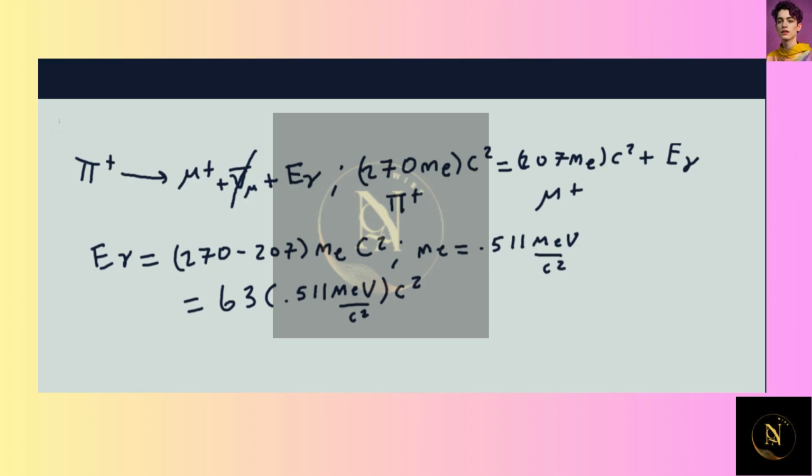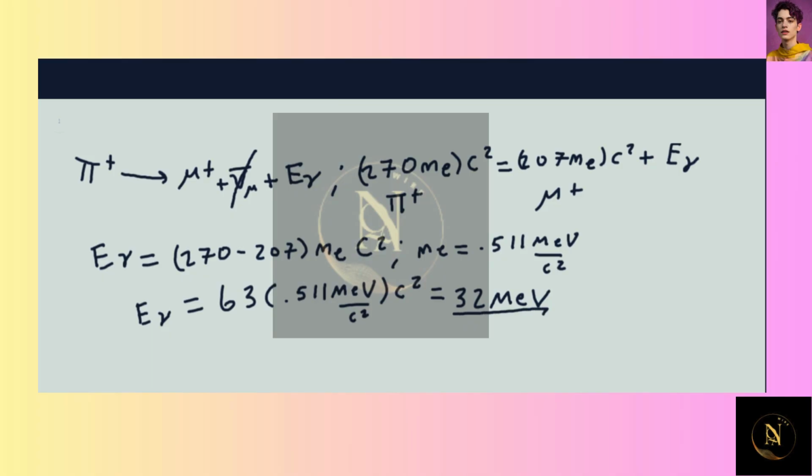They're going to cancel, and that leaves us with an energy of 32 million electron volts, or 32 times 10 to the 6 electron volts. Big M is mega. That means times 10 to the 6. Okay, so this is the answer to the first part.